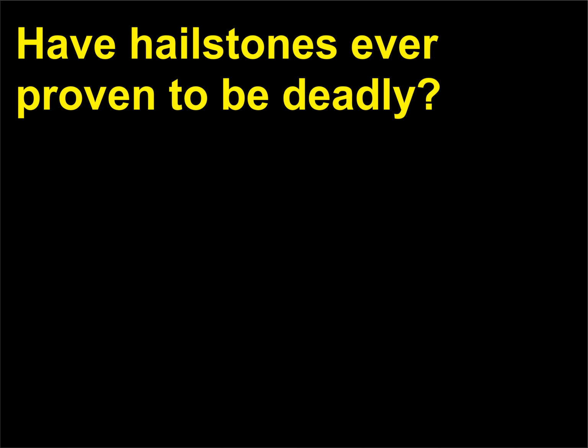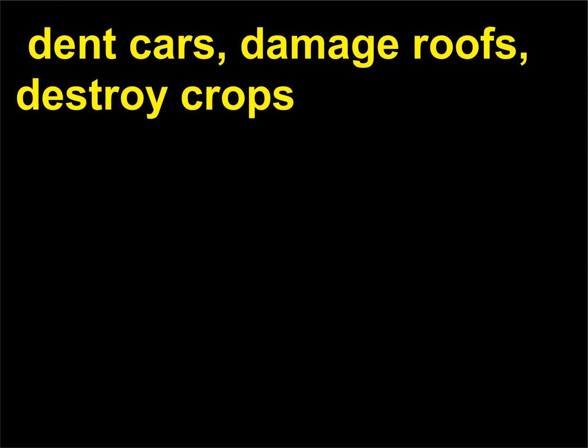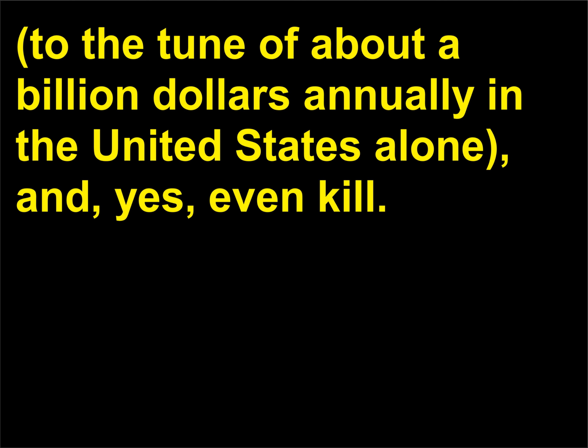Have hailstones ever proven to be deadly? Strong hail can be heavy and plummet at speeds that have been known to break windows, dent cars, damage roofs, destroy crops, to the tune of about $1 billion annually in the United States alone, and, yes, even kill.